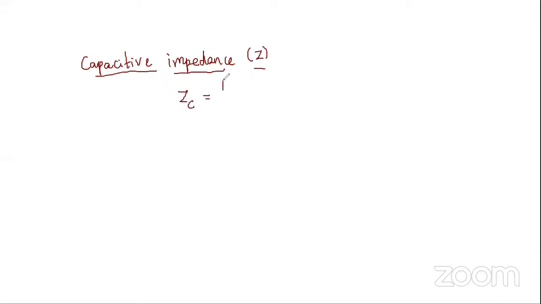ZC is equal to E naught divided by I naught. Okay. So here I naught we know very well, I naught is equal to E naught divided by square root of R squared plus XC squared.